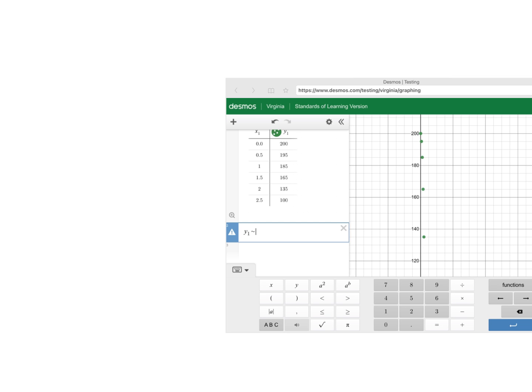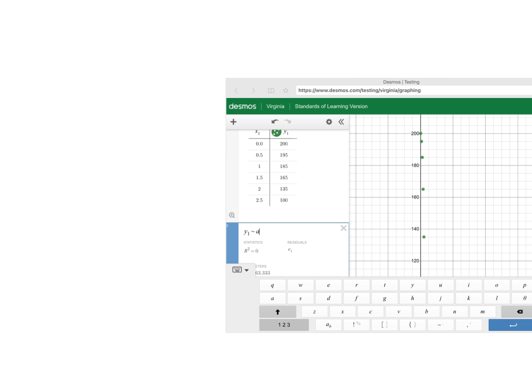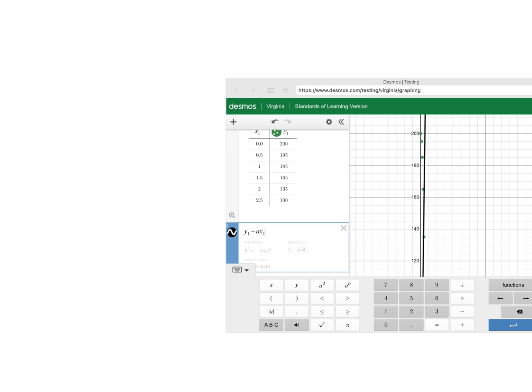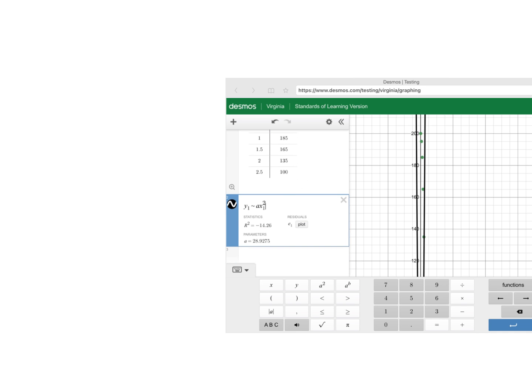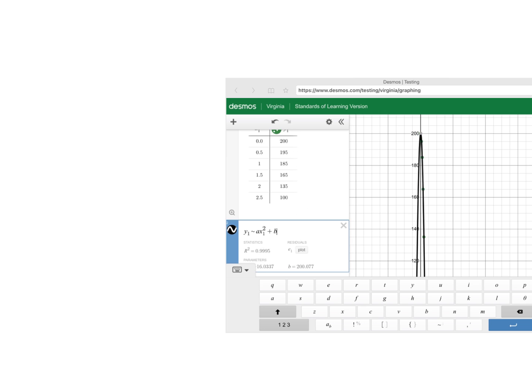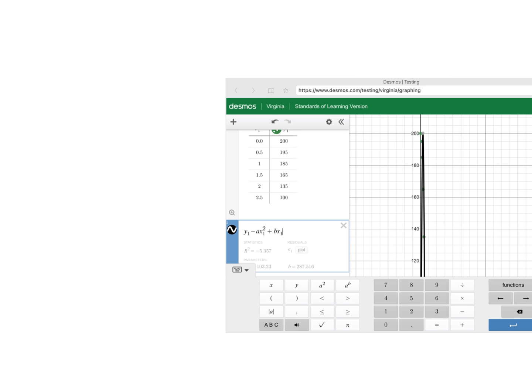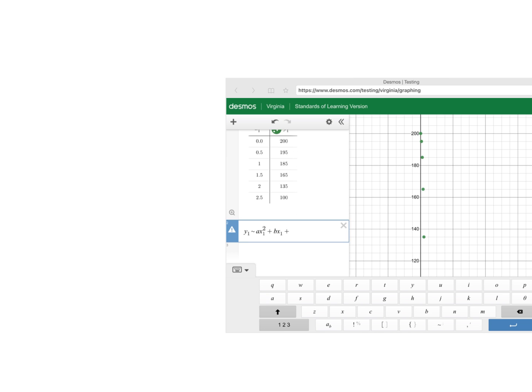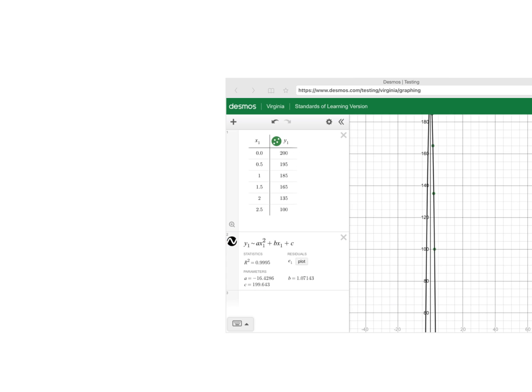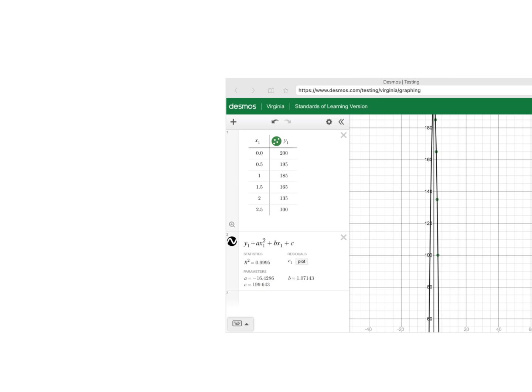And then I'm going to type in A x1 squared plus b x1 plus c. All right, as you can see, it is now showing us a graph that goes through this particular set of ordered pairs. It also gives me the values for A, B, and C.